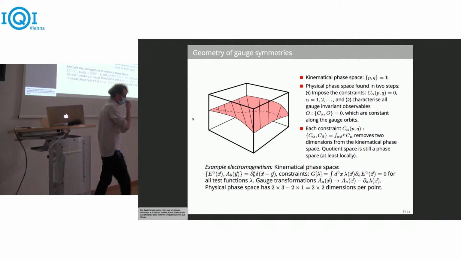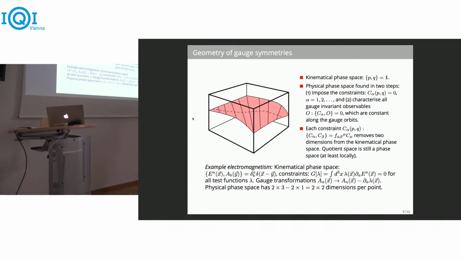Geometrically, what happens is that the theory is formulated on a kinematical phase space, which are the P and Q's from the previous slide, and then we impose gauge constraints that tell us that all physical configurations only appear on the submanifold of the kinematical phase space of the P's and Q's. But on top of that, we are interested in observables.